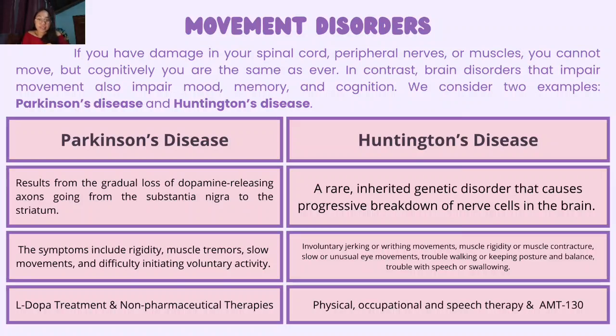First is the Parkinson disease and the Huntington's disease. So Parkinson disease results from a gradual loss of dopamine releasing axons going from the substantia nigra to the striatum. The symptoms include rigidity, muscle tremors, slow movements, and difficulty of initiating voluntary activity.